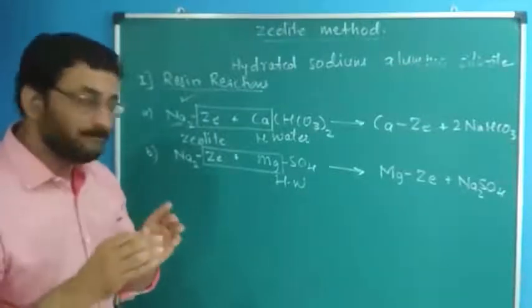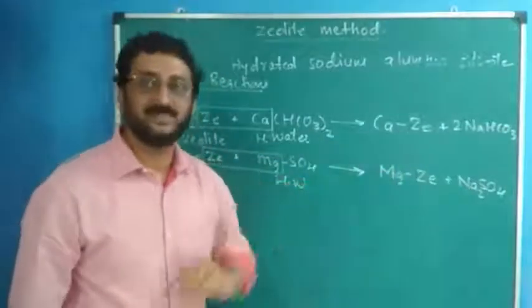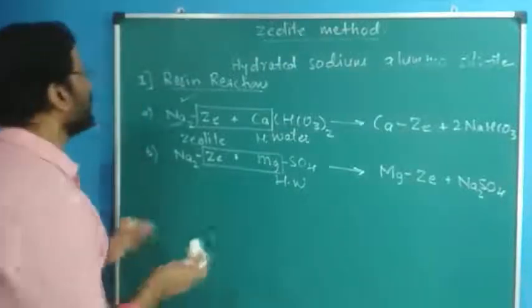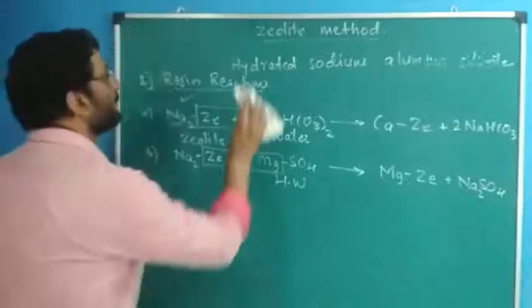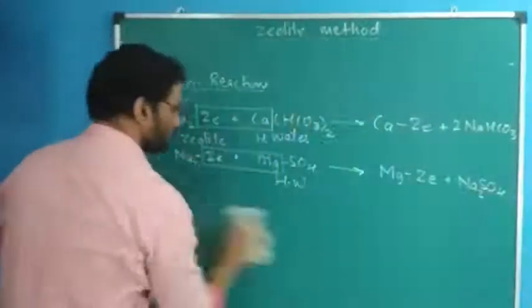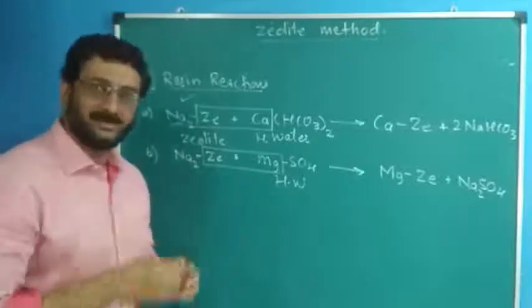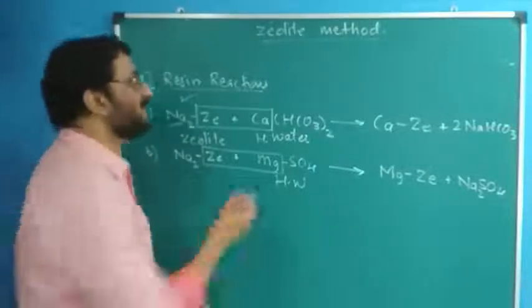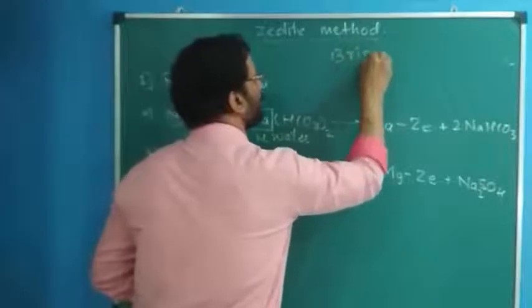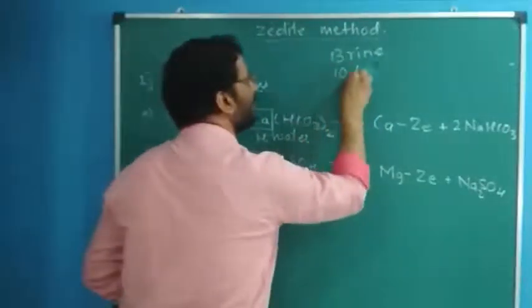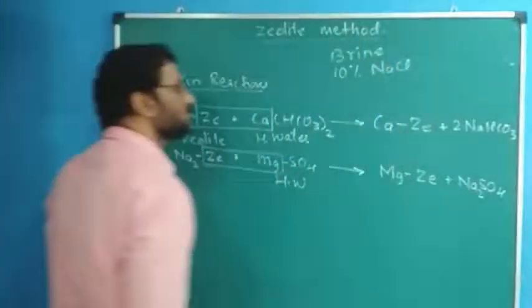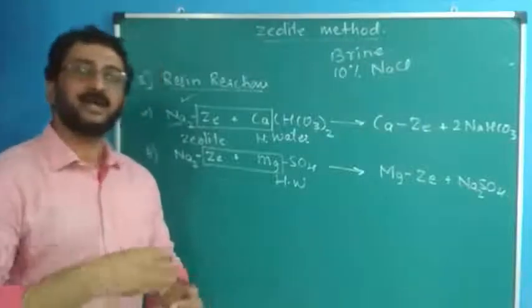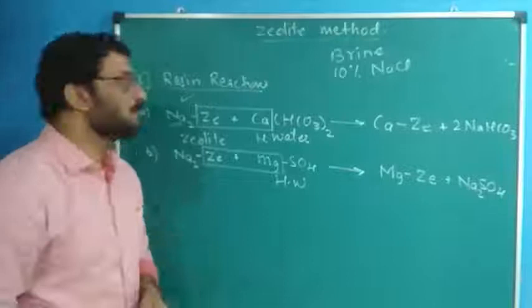That saturated bed may have this structure or this structure. That bed of zeolite can be regenerated and reused again by its reactivation. The exhausted bed of zeolite can be reactivated by passing brine solution, that is 10% NaCl solution.